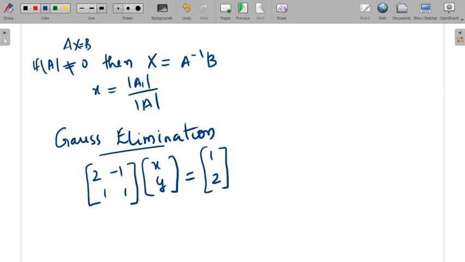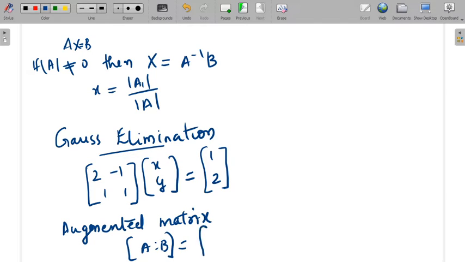ഓക്കെ, അപ്പോൾ ഇതിൽ നിന്ന് വി റൈറ്റ് ദ ഓഗ്മെന്റഡ് മാട്രിക്സ്. So augmented matrix is denoted as matrix AB, and this is obtained just by adjoining the matrix B with matrix A. So this will be 2 minus 1 1 1 and add the column B 1 2.